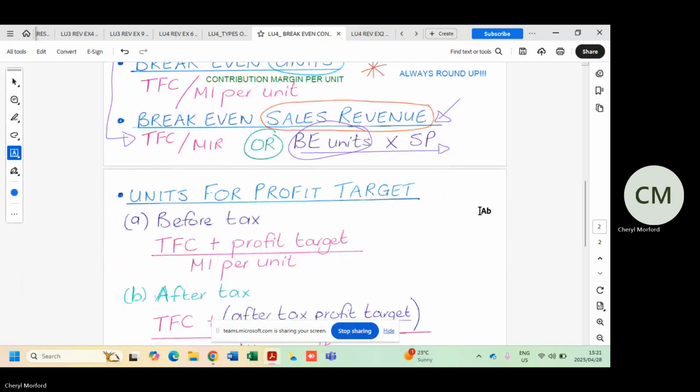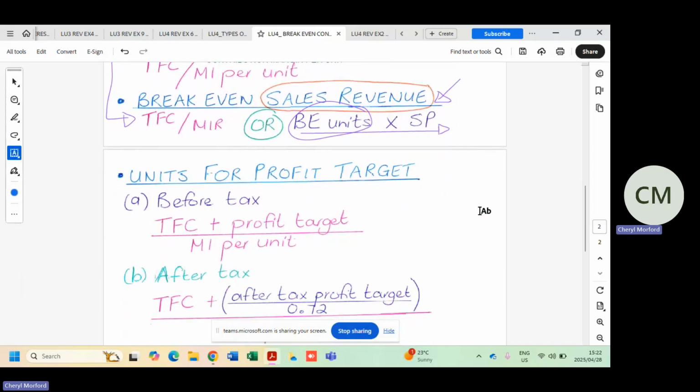Then, a business is obviously wanting to make profit, not just to break even. That's, after all, why entrepreneurs take on the risk, because there's the potential for reward. So we can have a specified profit target, and we can calculate the number of units that the firm will need to produce in order to reach that profit target.